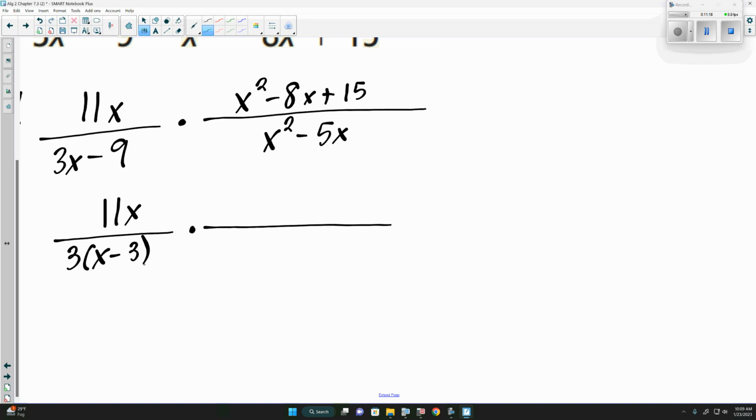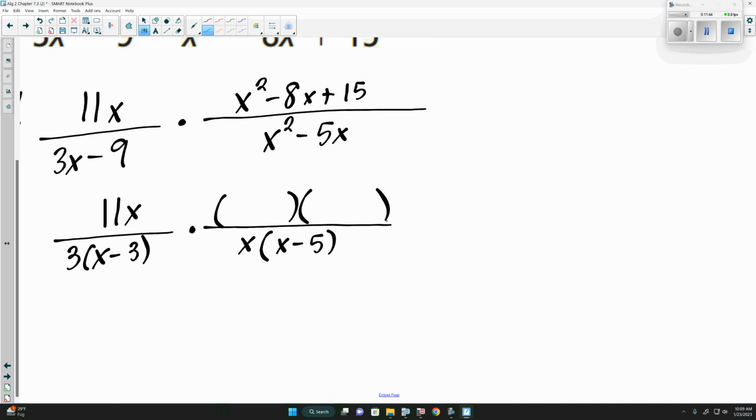X squared minus 8x plus 15 or x squared minus 5x? So how can we factor it? Yeah, we can factor out an x, which leaves us with x minus 5. Because if we factor an x out of both terms, x squared becomes x, 5x becomes 5, which gives us x times x minus 5.